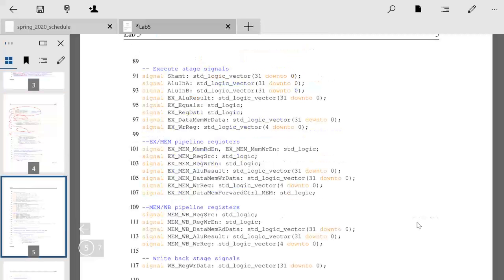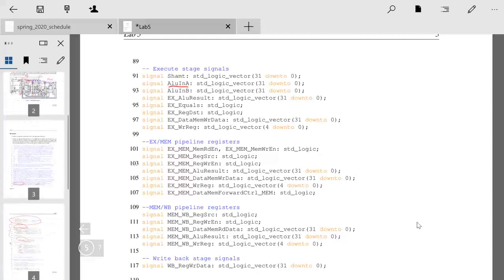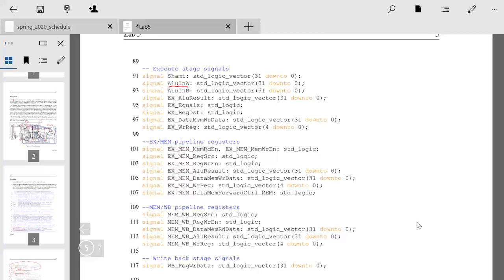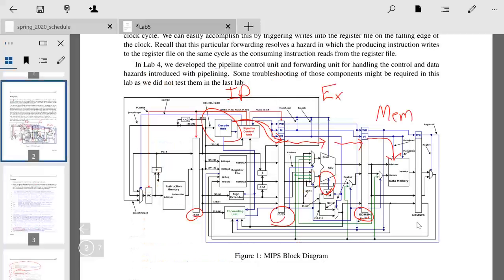And then if we go into the execute stage, we have a number of signals here, like our ALU in A, shamped, and ALU in B. Let's see, shamped would basically be this signal here.